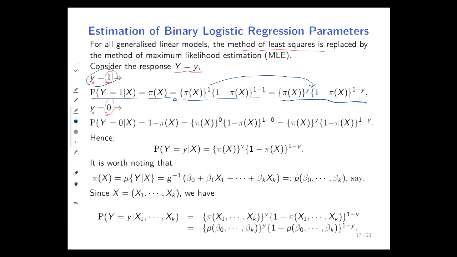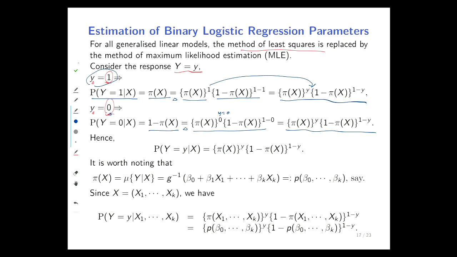And similarly, we can compute the probability of y equals 0. The probability of y equals 0 equals 1 minus pi, which is equal to pi to the power 0 times 1 minus pi to the power 1 minus 0. If we plug in y equals 0 here, we can replace 0 by y, and also we can have this formula for the probability.